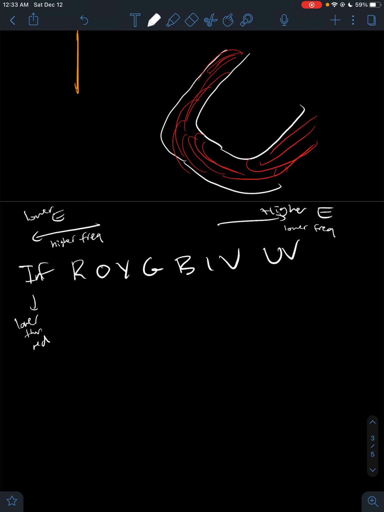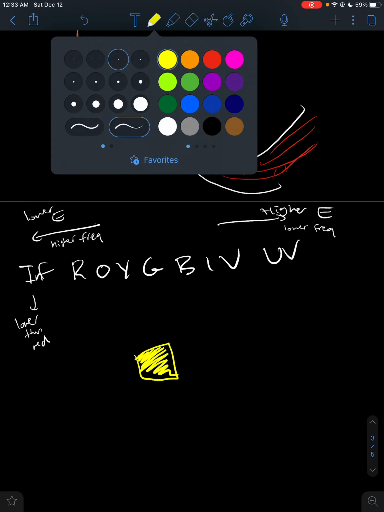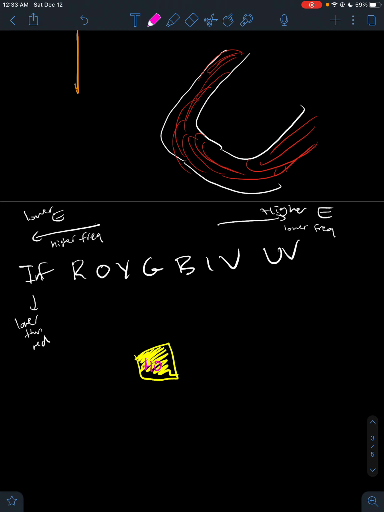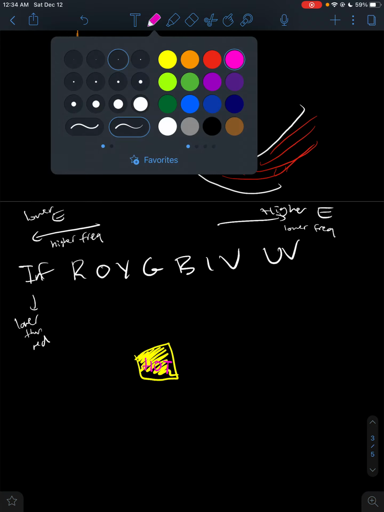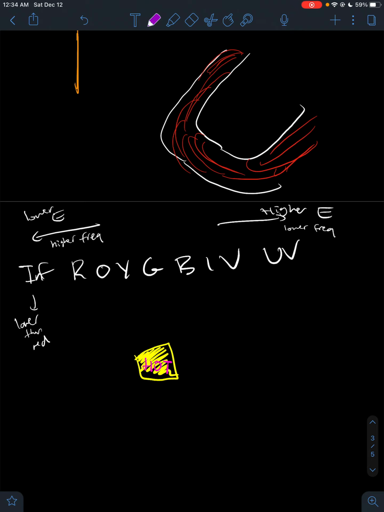So, what do we have here? Well, if an object is really hot, it wants to release that energy as fast as possible. So if you have an object that's really hot, and it wants to release that energy as fast as possible, what kind of light will it emit? Well, it might emit blue light. Blue light has a pretty high energy. So it would emit blue light.